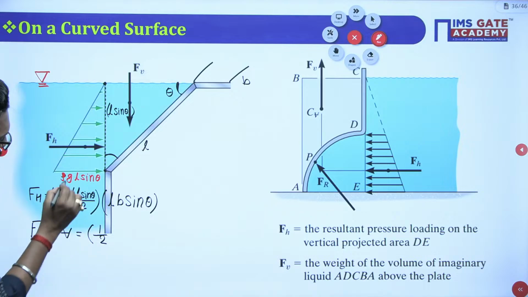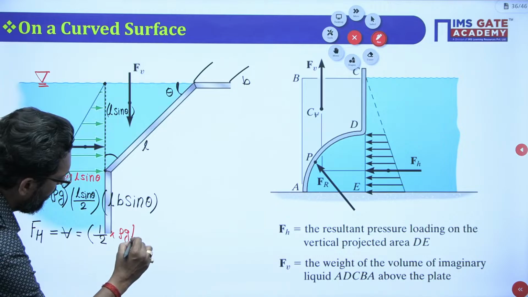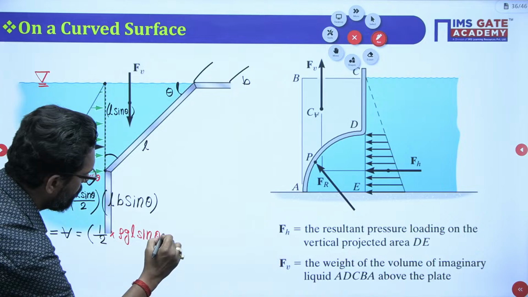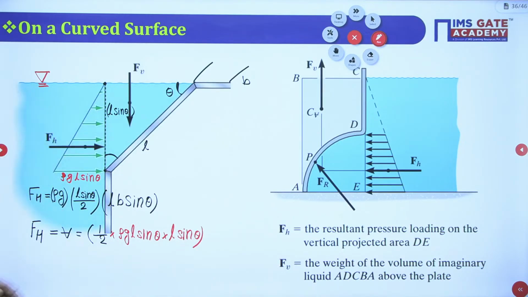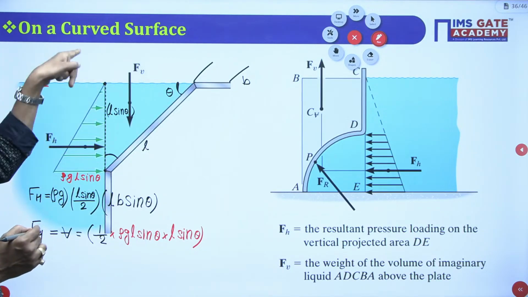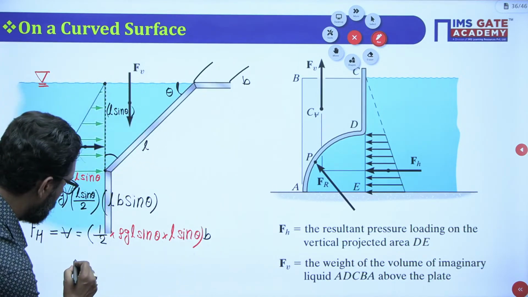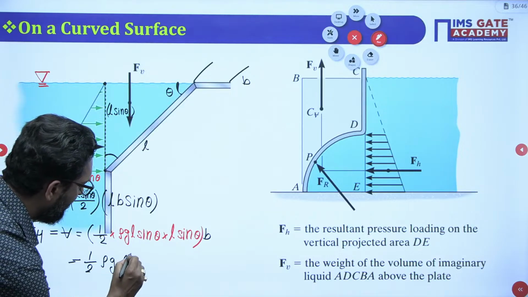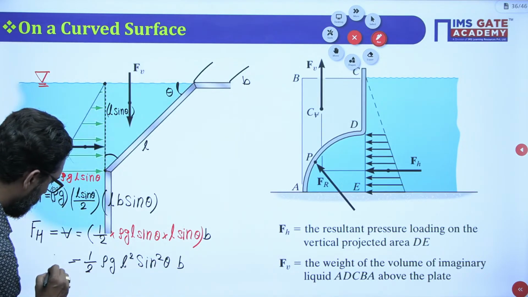So half into base, which is rho g L sine theta, into the height L sine theta. This is your area, half base into height, into the width. Why? Because this is the volume, so don't forget the width B. So this is half rho g L square sine square theta into B. This is your horizontal force.